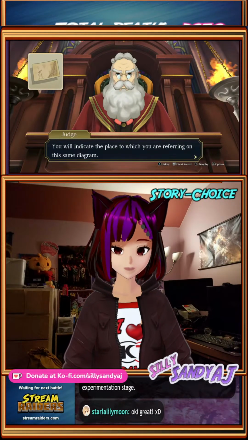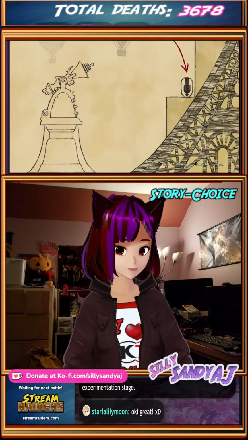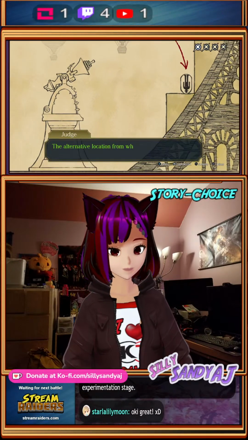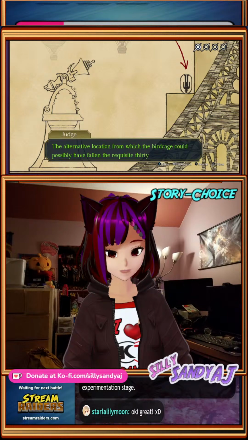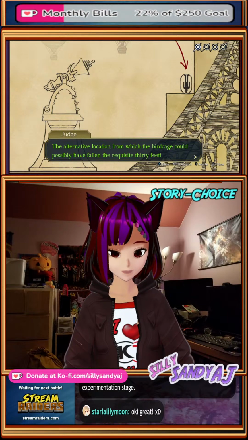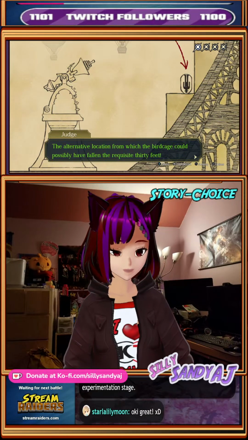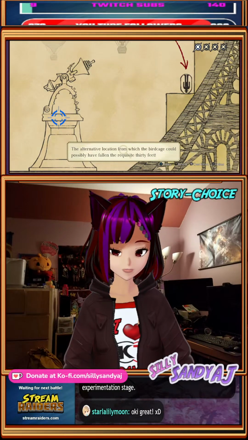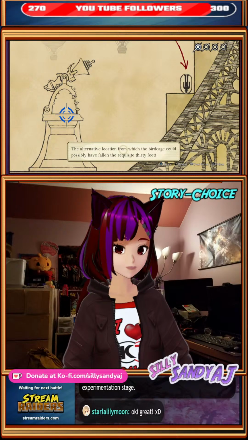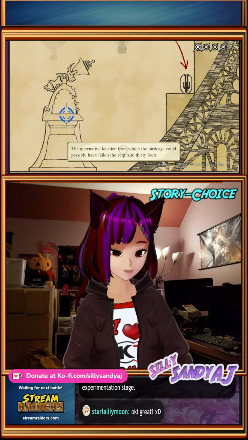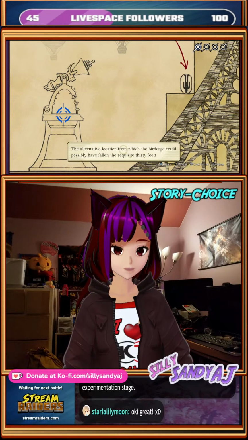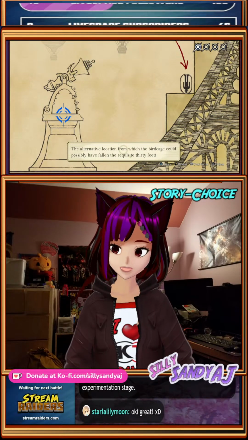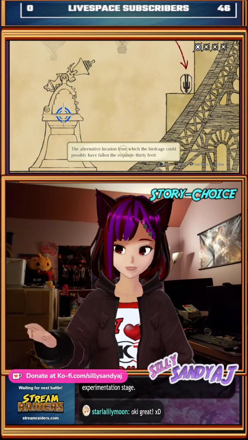Okay, point to experimentation stage. The alternative location from which the birdcage could have fallen the requisite 30 feet. It has to be the experimentation stage then, right? I guess. Cross my fingers, hoping it's right.